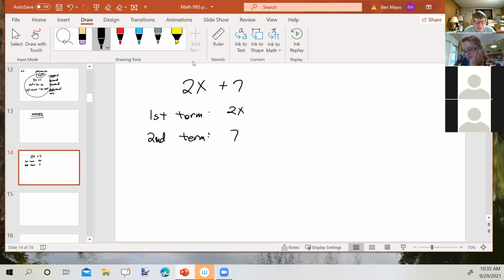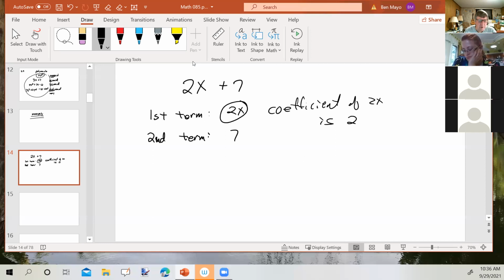The coefficient of the first term is 2. Now, the coefficient is a number that's multiplied by a variable or by variables, and it tells how many of them there are. So the coefficient of 2x is 2. There are 2 x's, all right?